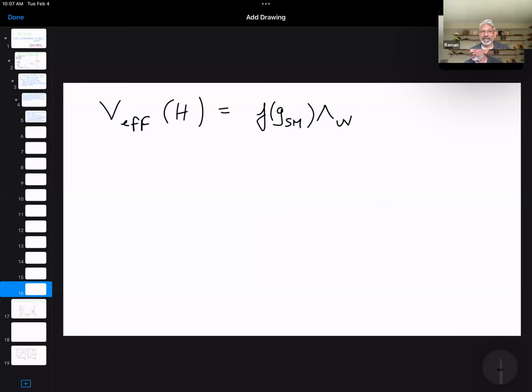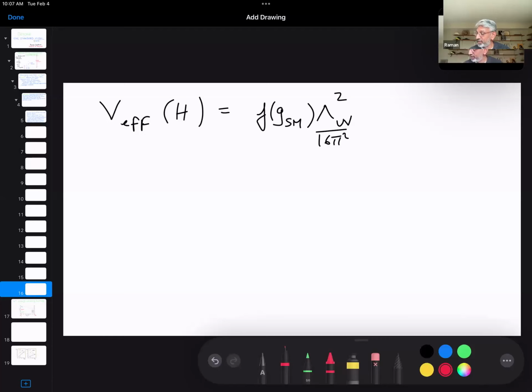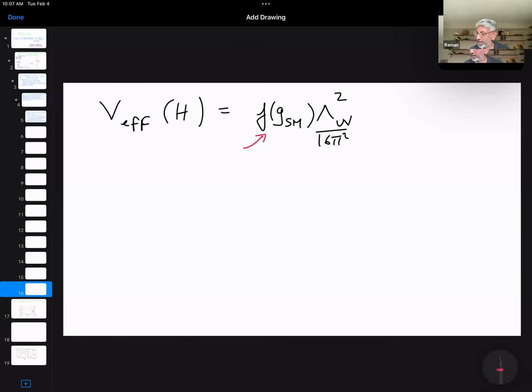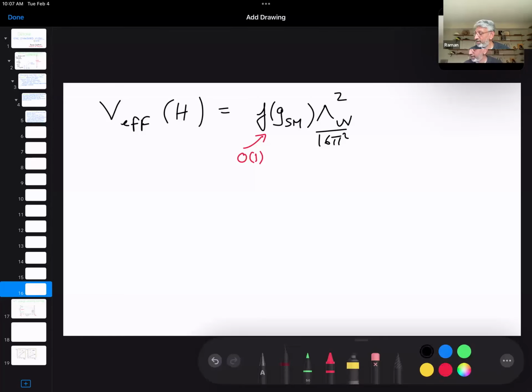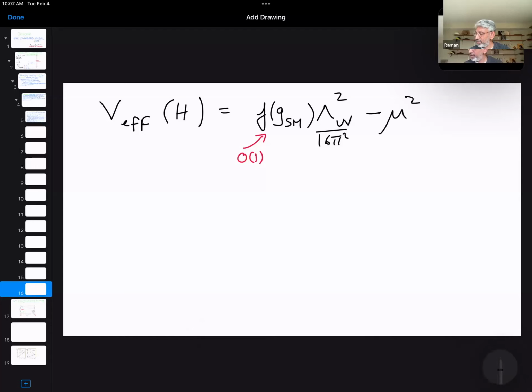Okay, so instead of just little lambda in my toy example, at higher loops it'll generally be some function like this over 16 pi squared, where this f is some function of dimensionless couplings in the standard model, and it starts at order 1 and gets smaller as you go to higher order in perturbation theory. Minus mu squared. Okay, so the minus mu squared was already there, and then we have these loop corrections, and then plus some lambda h to the 4th.